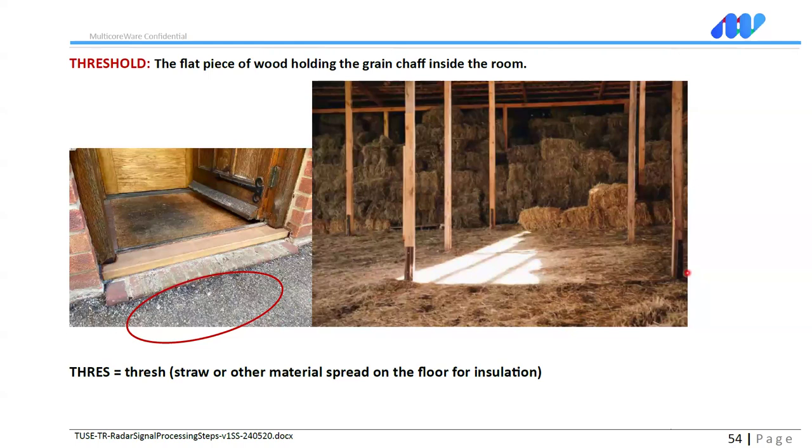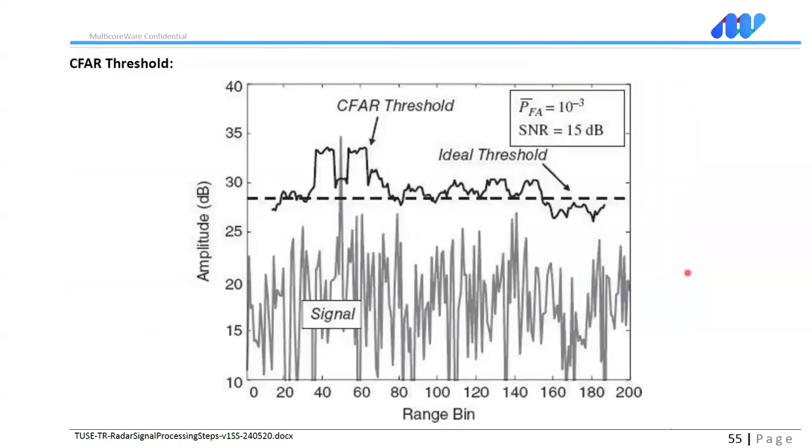So threshold is the level that we need to cut down the signal and determine where the target is. And you might already know that you have probability of detection, probability of miss. You have 4 types of analysis in probability that we're going to cover in a separate presentation for CFAR.